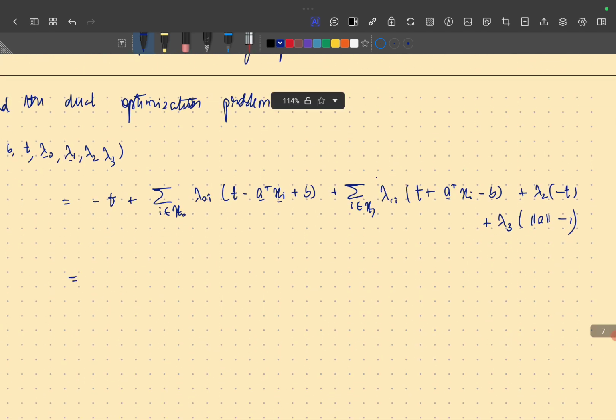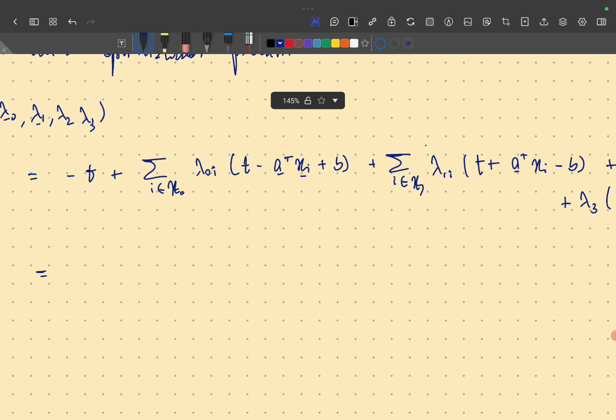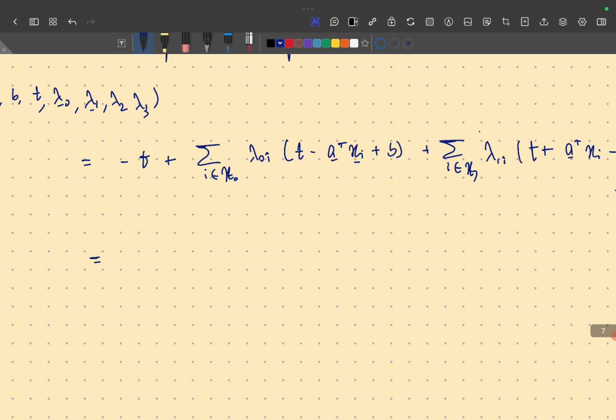Okay, to find the Lagrange dual function, I have to collect all of the terms involving a, b and t together. Let me first take all the terms that involve t.